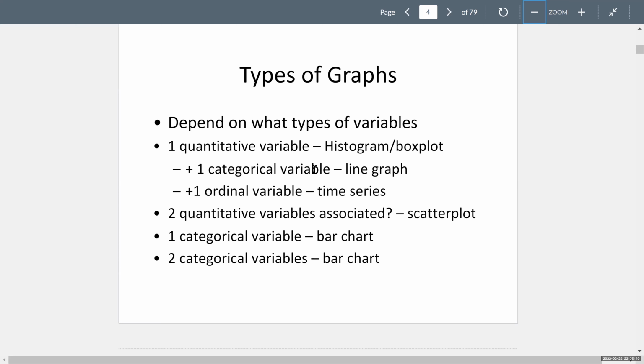If we have, in addition to that one quantitative variable, a categorical variable that separates our individuals into different kinds, we might make a line graph. And if we have an ordinal variable, we might plot it as a time series. If we have two quantitative variables, we want to know if they're associated with one another. That's going to be a scatter plot. And then if we have one or two or more categorical variables, we'll use a bar chart.